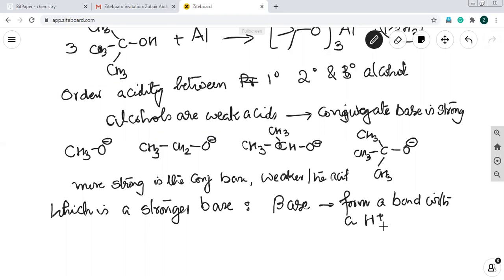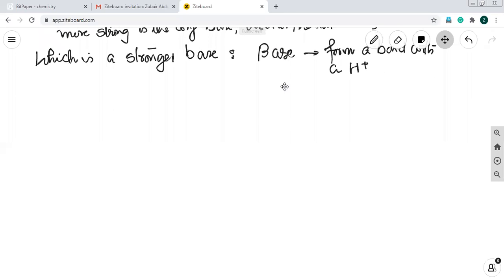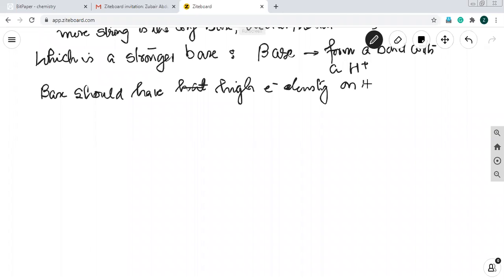If you want to form a bond, you should have enough electron density. That means the base should have high electron density on the atom.